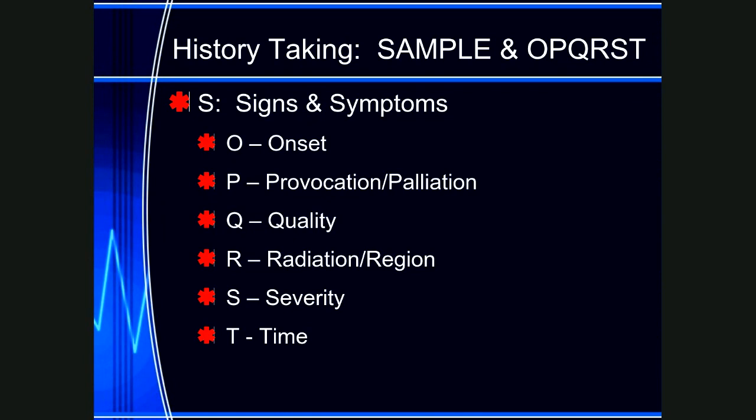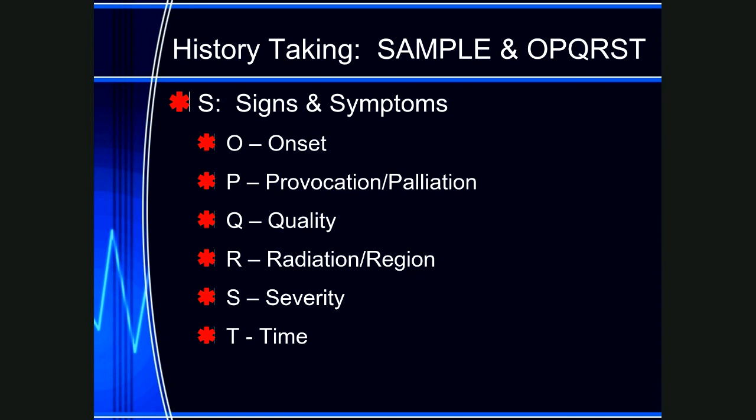And we're going to use that to gather and incorporate in our patient interview with the OPQRST. With signs and symptoms, we need to know what other symptoms have they had. Have they had nausea with vomiting, or nausea without vomiting?